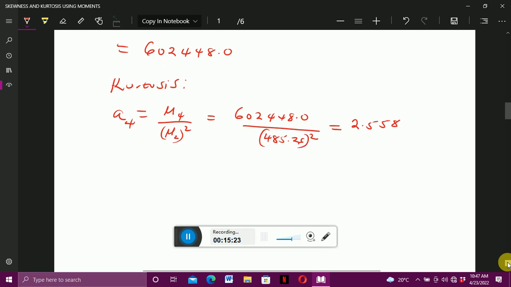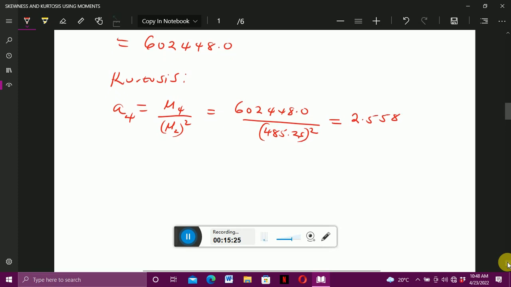We want to interpret it. We say that we take A4 minus 3, and the sign tells us whether our data is highly peaked, midway peaked, or flat peaked.